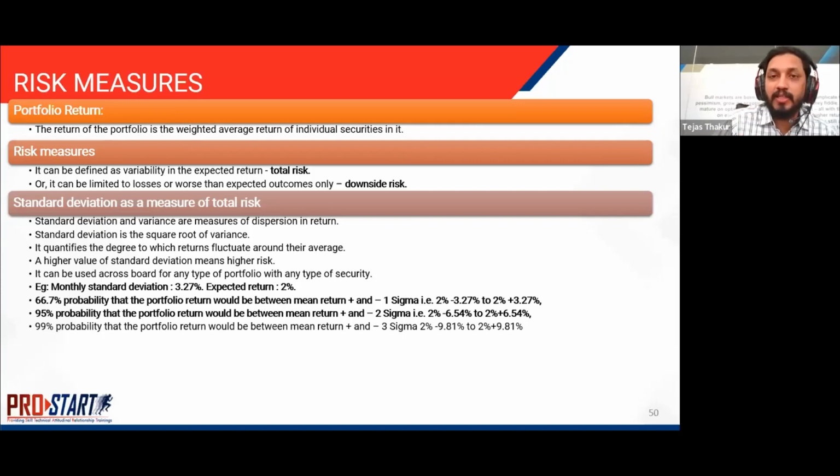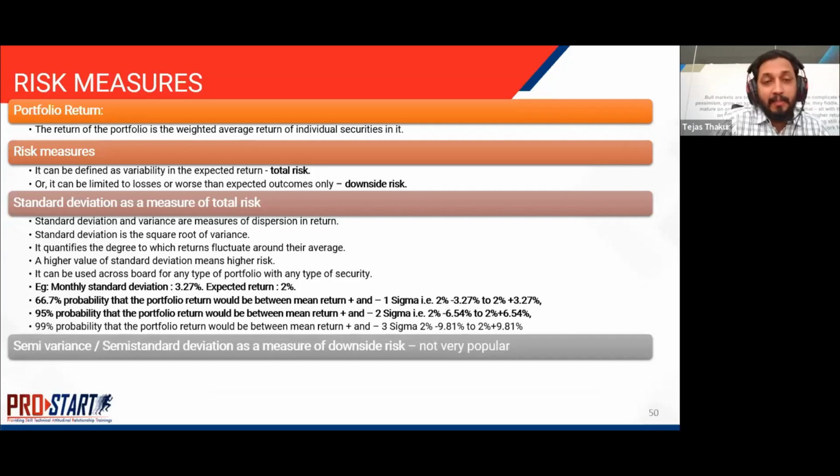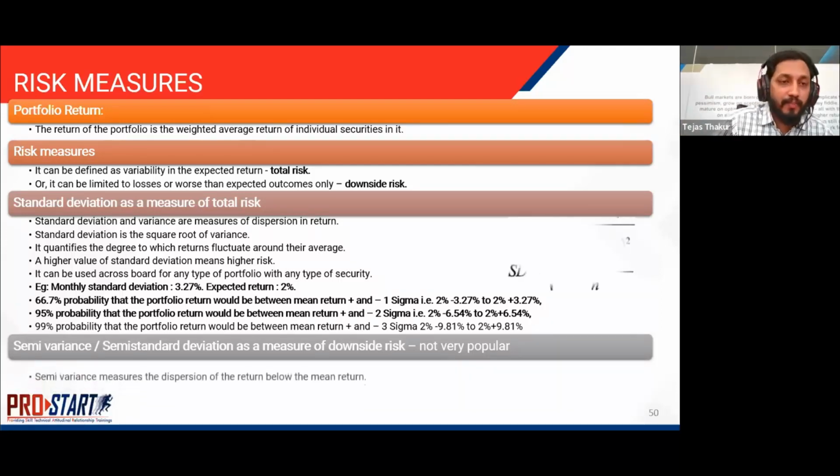That's what standard deviation as a measure tells you. Many times you have seen that bell curve chart, a mountain-type picture, which tells you that if this is the mean, how much is on the negative side and how much is on the positive side. Semi-variance is what calculates the downside risk, which is only one side. It is not much used, but you will see a few ratios that consider only the downside deviation.